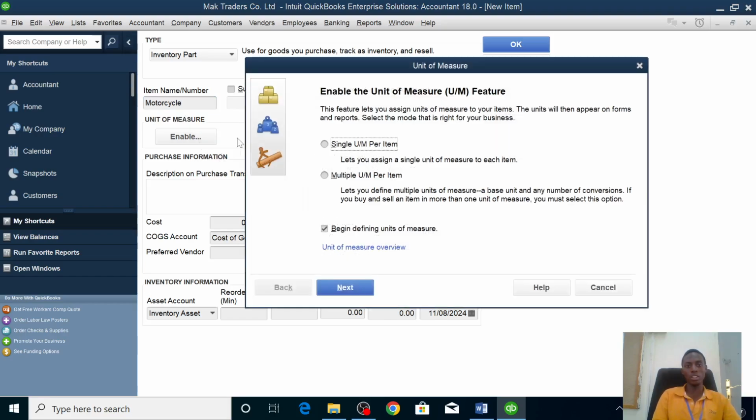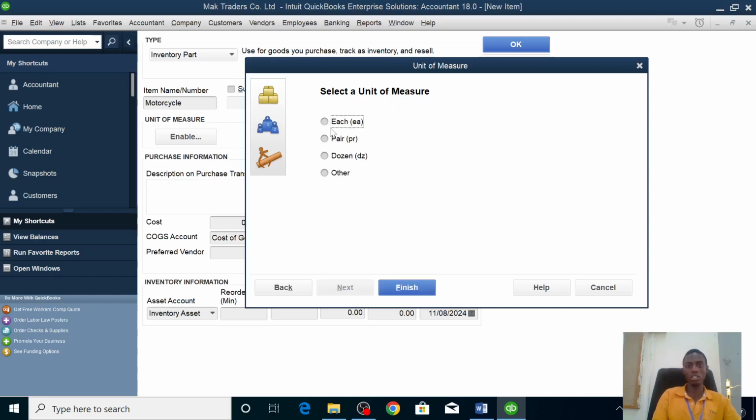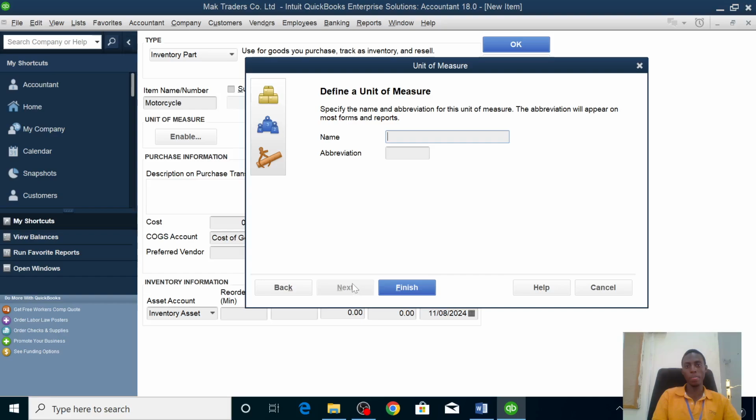Unit of measure, I say single. Next, count. Next, then we are provided with the unit, but we don't have it here. I can add it there. Name is unit. Then I can abbreviate it as UT and finish.